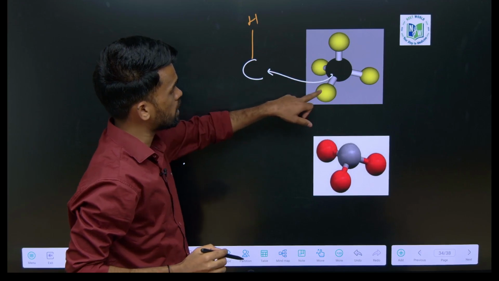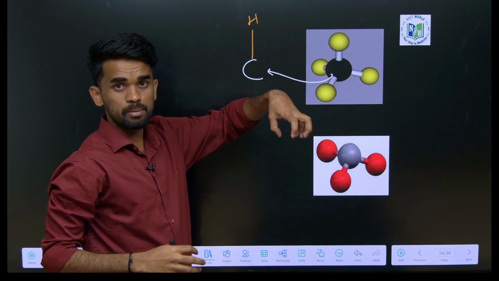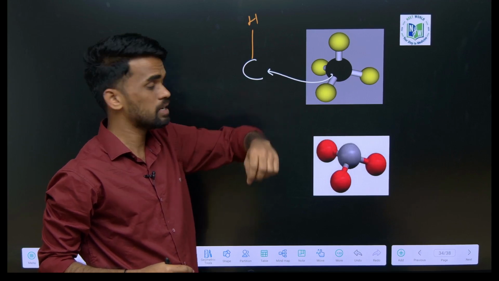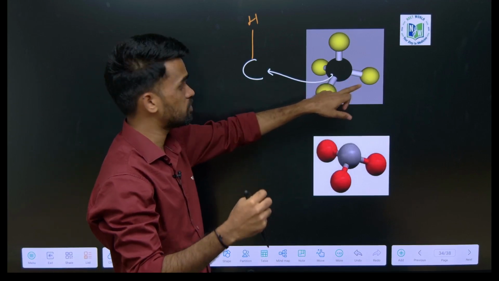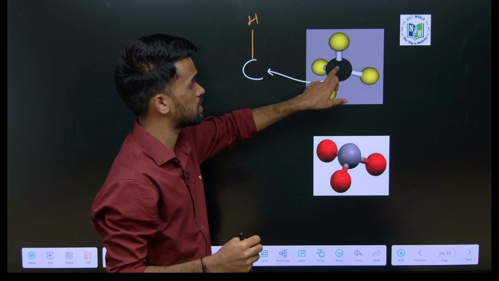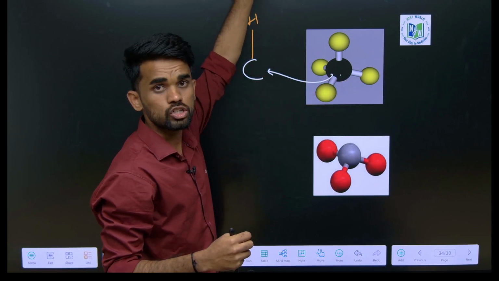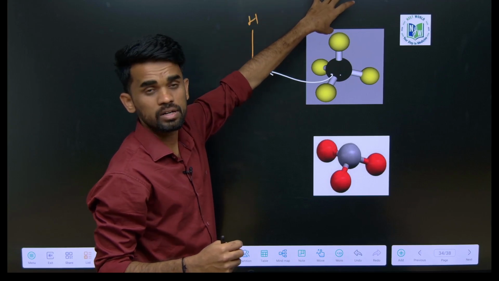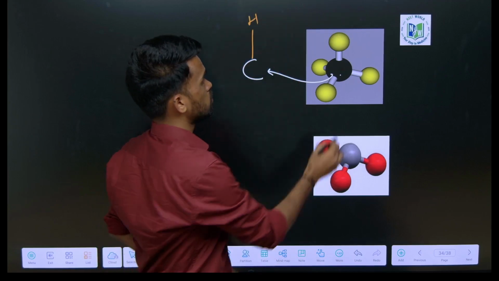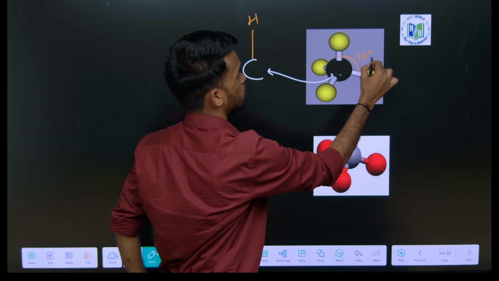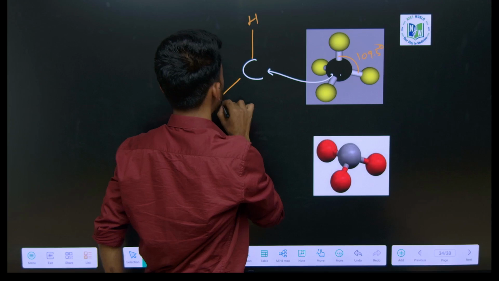If you take a pyramid, at the 3 corners we have 3 hydrogen atoms, at the center we have carbon, and at the top we have 1 more hydrogen, right? So what is the angle over here? This is 109.5 degrees.